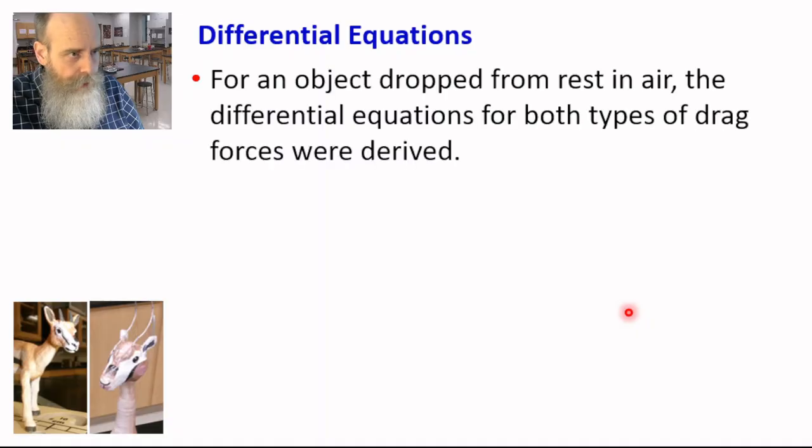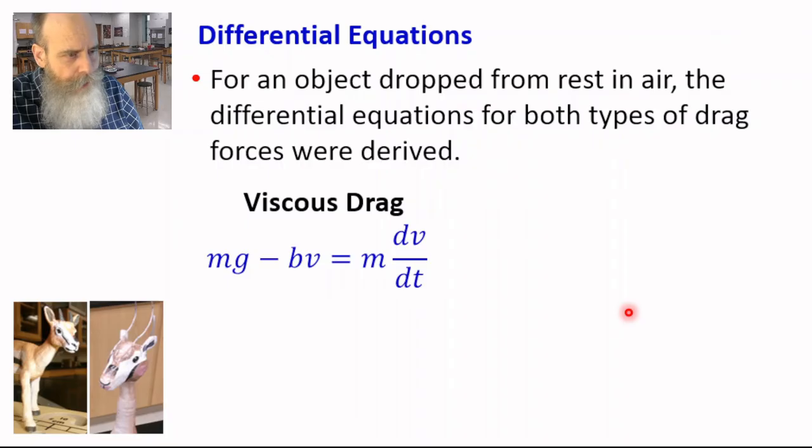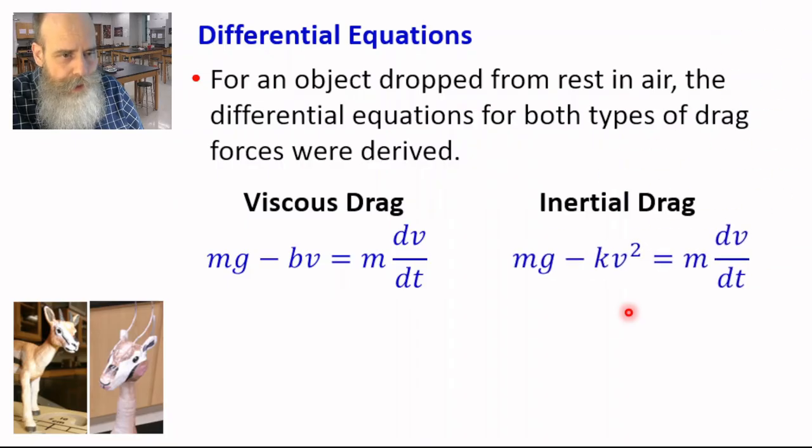Differential equations. For an object dropped from rest in air, the differential equations for both types of drag forces were derived. For viscous drag, we got this. For inertial drag, we got this. The difference is this: we had a v here, we have a v squared here.